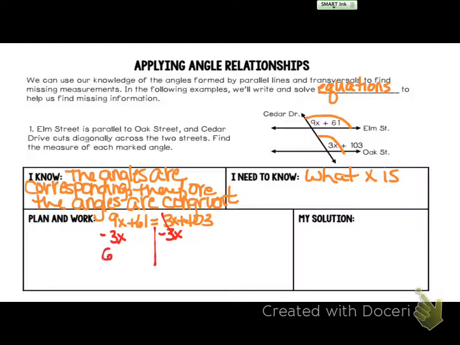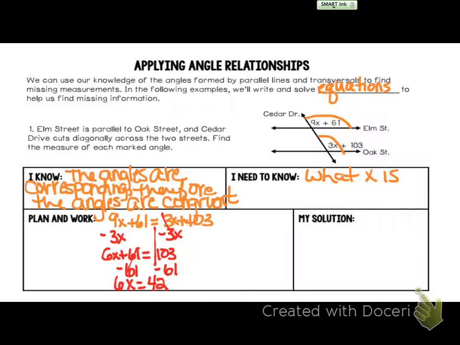I get 6x plus 61 equals 103. Now, I need to get my constant over to the other side. So I'm going to subtract 61 from both sides. That leaves me with 6x equals 103 minus 61, which is what? 42.